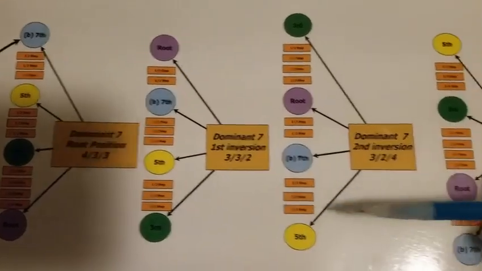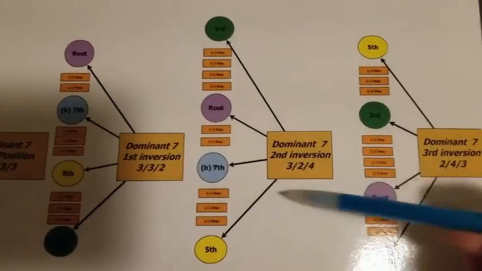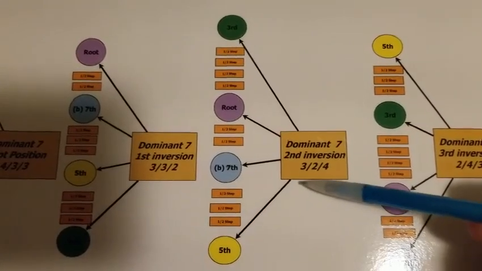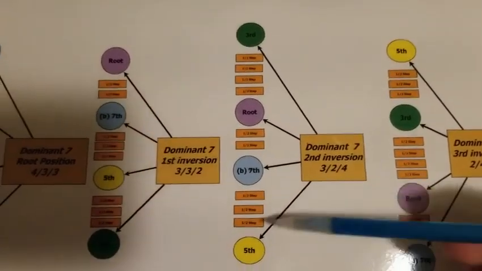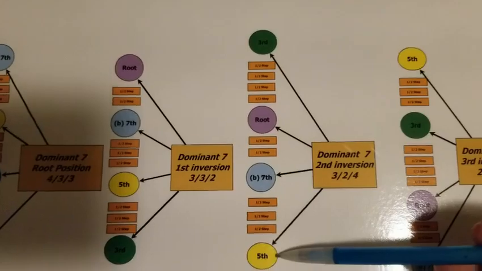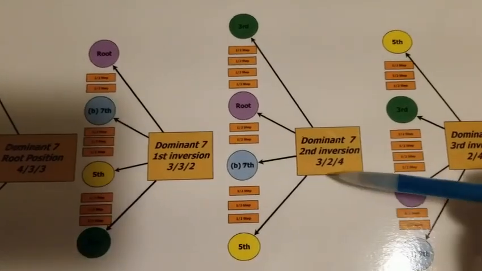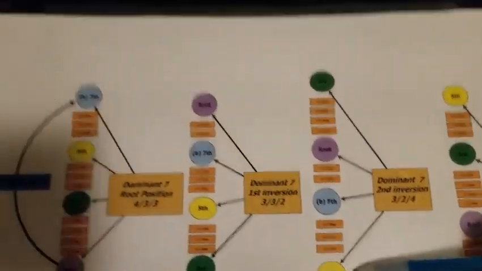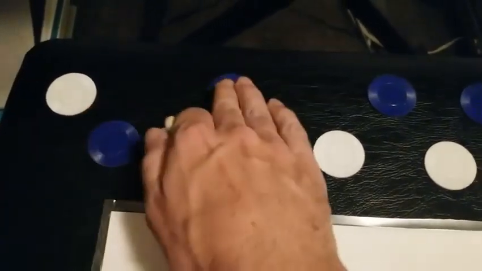So looking at the dominant 7 in second inversion, we have a 3-2-4 with our fifth on the bottom. So 3-2-4 we're going to form here. We're going to go ahead and leave this note here, and we're going to form a dominant 7 chord in second inversion.